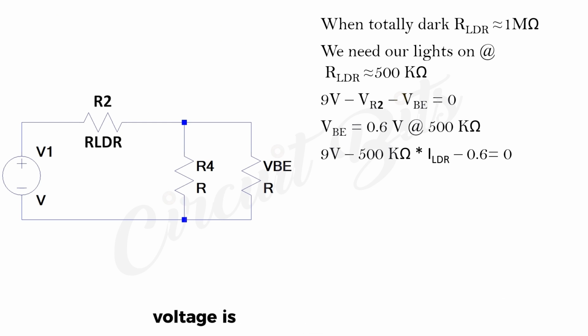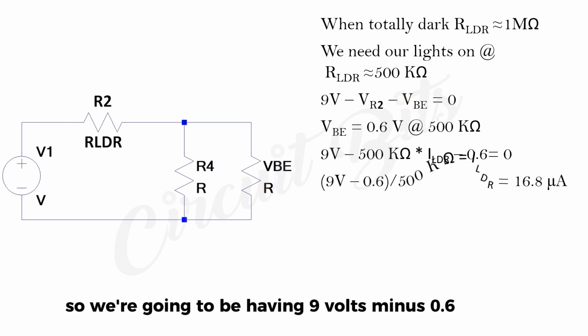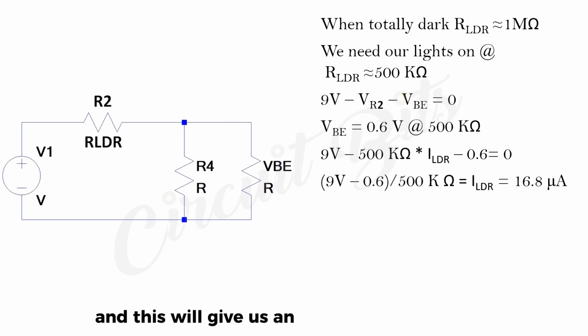Of course, voltage is current times resistance. So we subtract 0.6 and we try to make ILDR the subject of the formula. So we're going to be having 9 volts minus 0.6 divided by 500 kilo ohms, and this will give us an ILDR of 16.8 microamps.